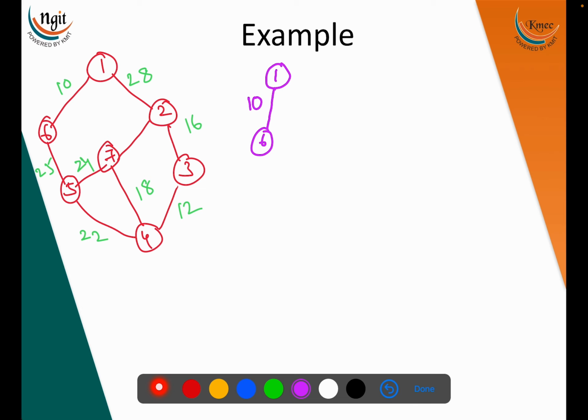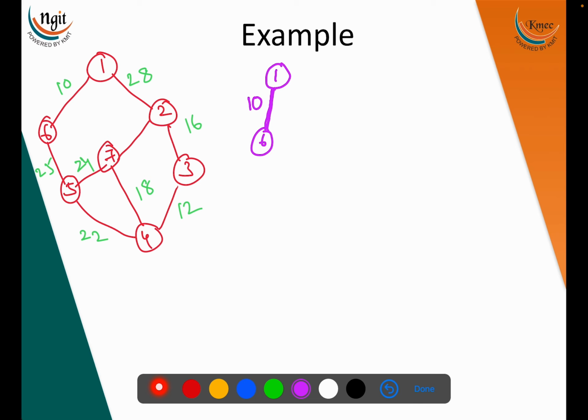So what are your edges? Vertex 1 to 6 is your selected edge. Now you have to select the edge from 1 or from 6. Only connected vertex, not all the other vertex. So 1 is connected, 6 is connected.